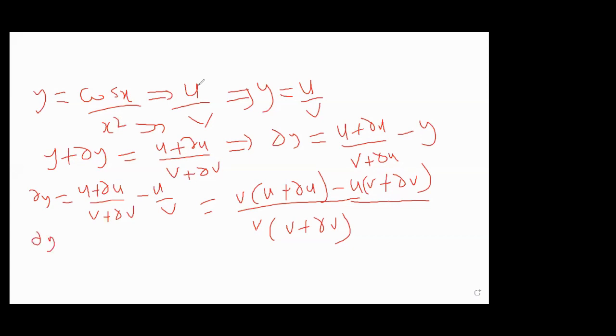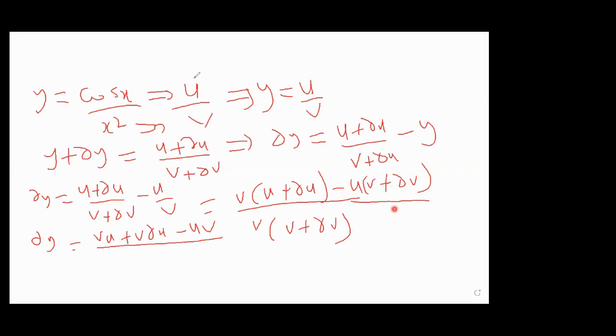If we multiply this out, we are going to have VU plus V del U minus UV plus minus, should be minus, sorry. Because minus times this is minus, minus times this is also minus.